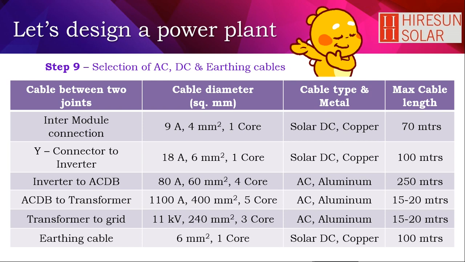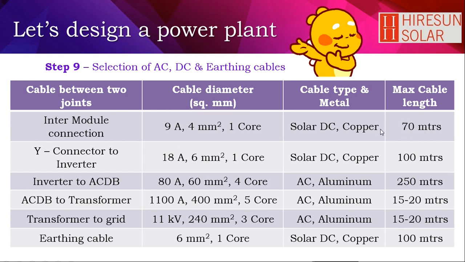Now the selection of AC, DC and earthing cable. This table shows the layout of the various cables. First we need to draw the layout, or single line diagram. Then we go with the interconnection of the modules depending upon the capacity.